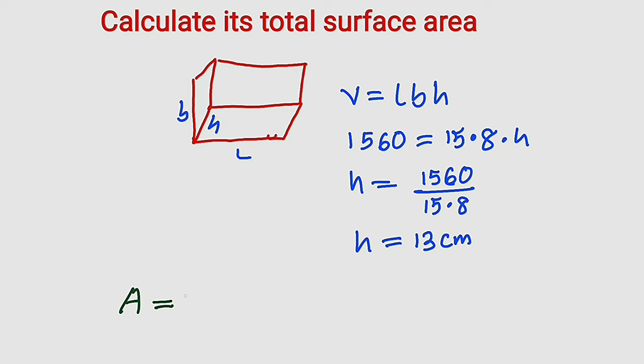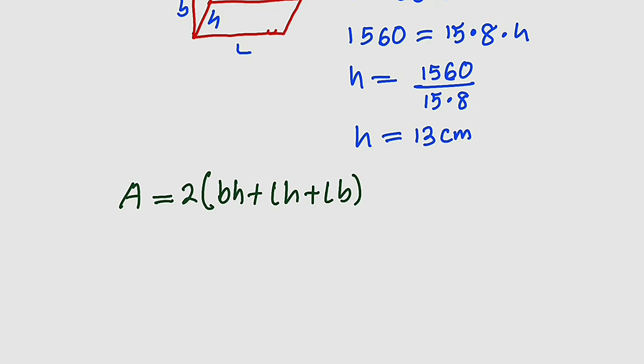So the formula will be 2 multiplied by this area right here, which will be the breadth times the height, BH, plus, let me take this one, which is going to be LH, and lastly we have this one. Remember, this is L, this is B, so we have LB. Let's plug everything in.